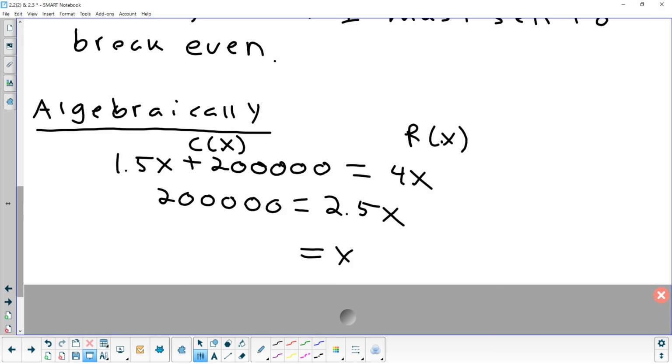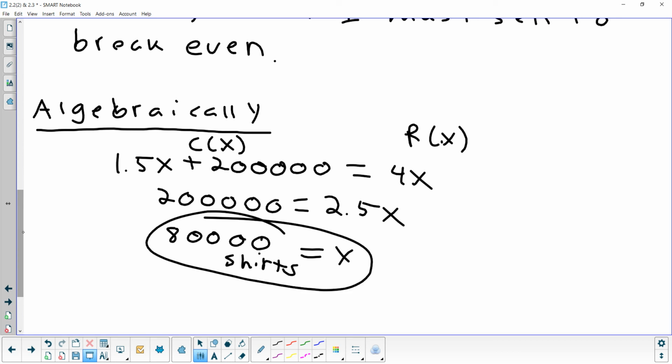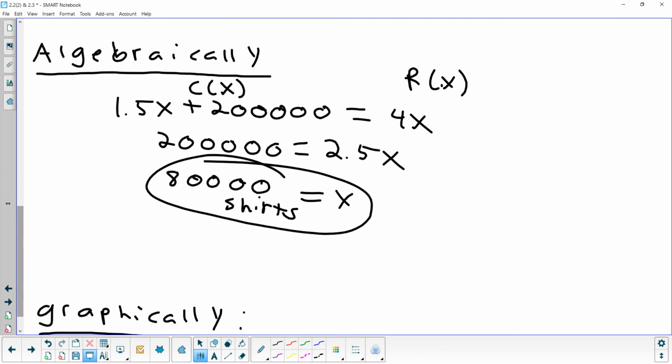And if you divide by 2.5, you will get 80,000. You can just double check it. So setting cost equal to revenue and solving for the variable tells me it would be 80,000 shirts. Any questions on solving for a break-even point algebraically?